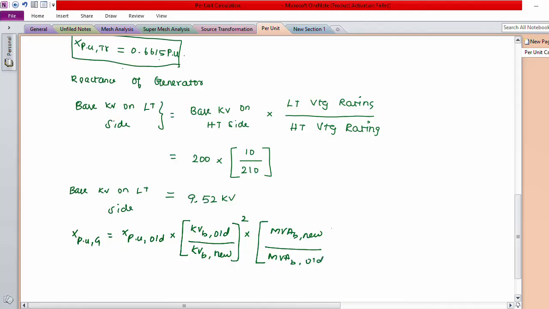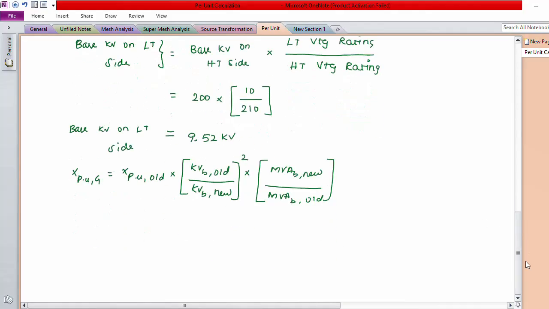So this is the formula which you have to use for all the components for determining the reactance.